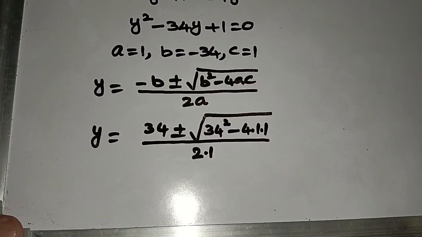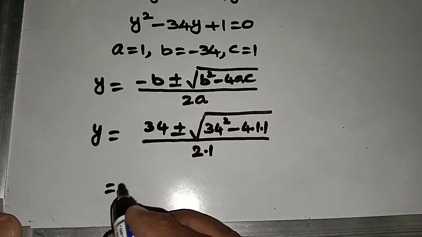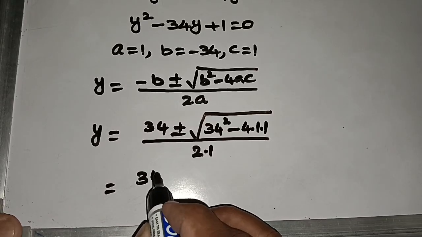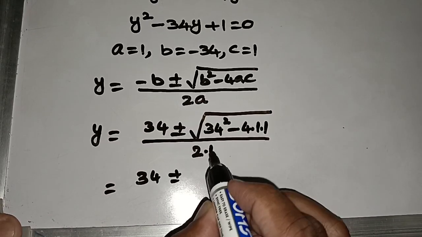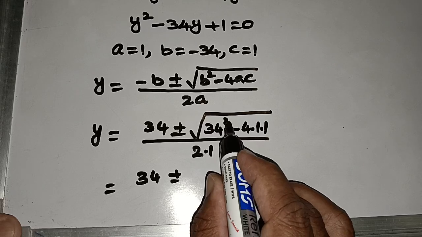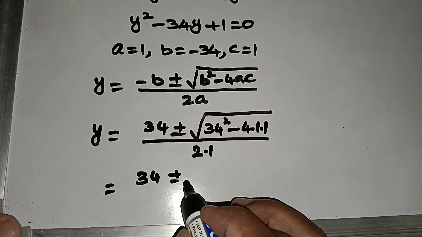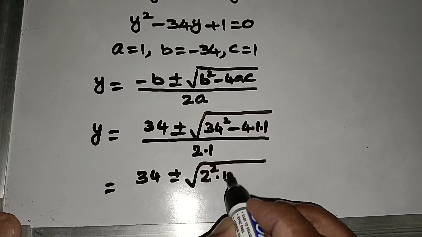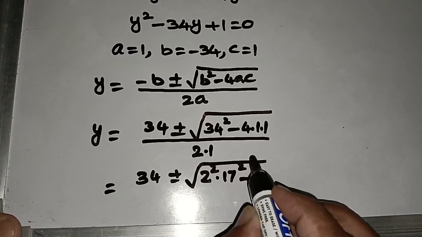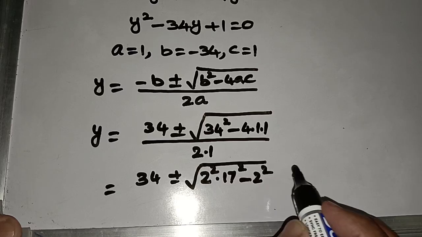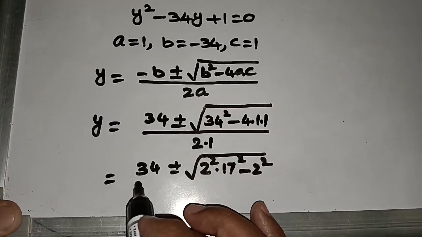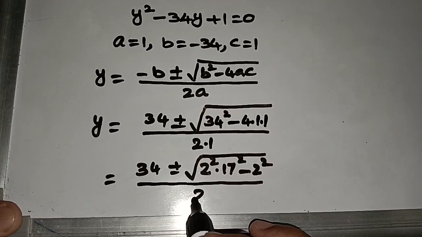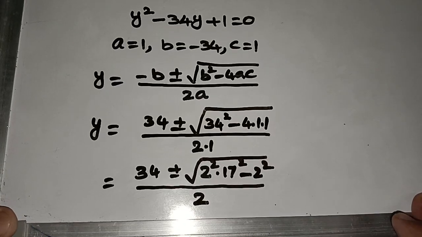So this formula can be simplified: 34 plus or minus. In this, 34 is 2 times 17, so we can write 2² times 17² minus 4, where 4 can be written as 2², whole divided by 2 times 1, that is 2.